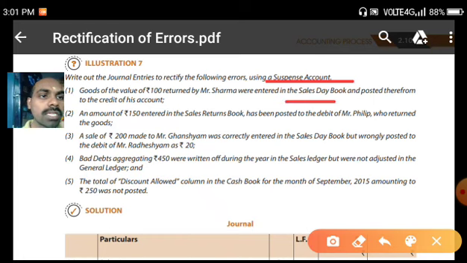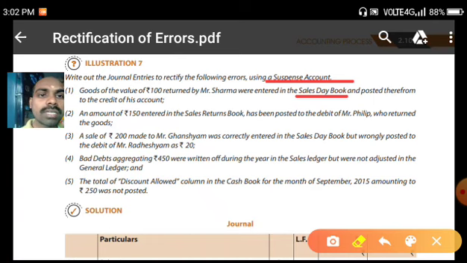In the sales day book. So here the error is made. Instead of debiting sales returns, we have debited sales, we have written in the sales book.